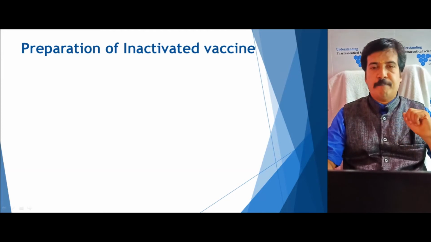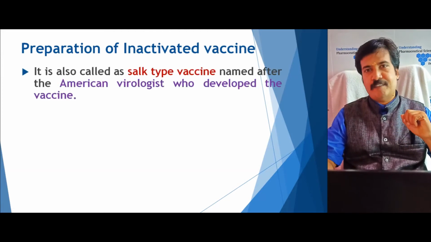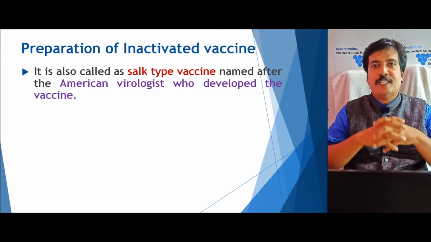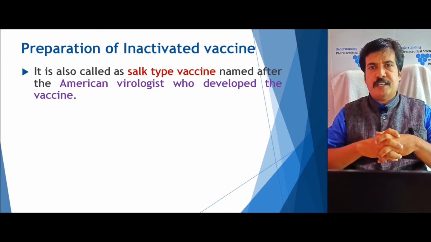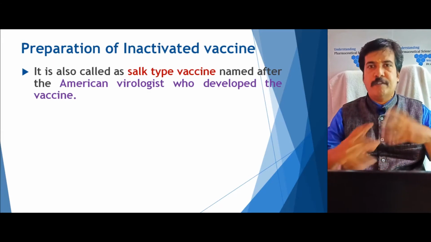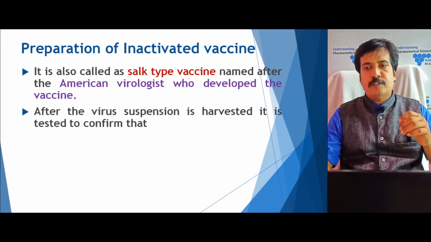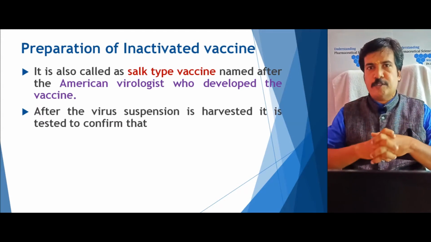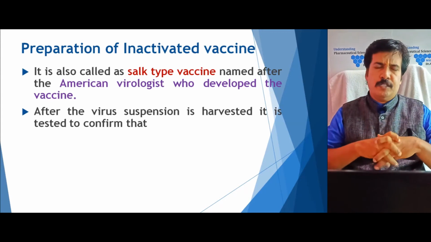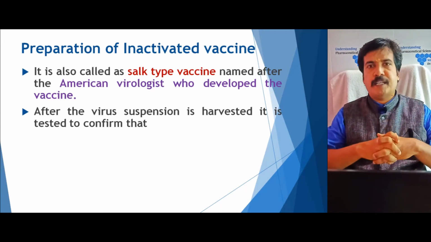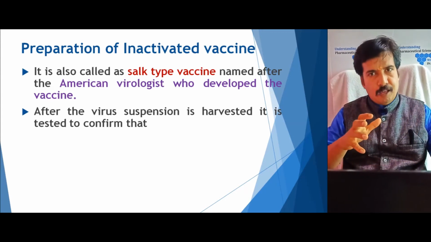So if you see the preparation of this inactivated viral vaccine, I have already told that it is also called a Salk type vaccine, because it is named after the American virologist who actually developed this vaccine. This vaccine is produced in such a manner that first the virus is cultivated, generally in monkey kidney cells, then it is harvested.